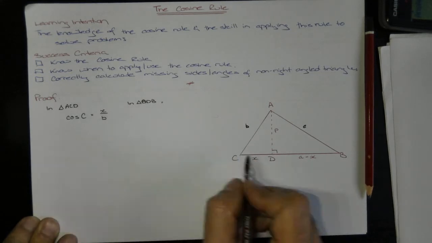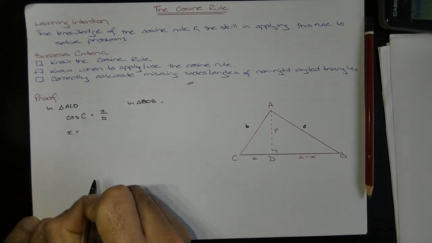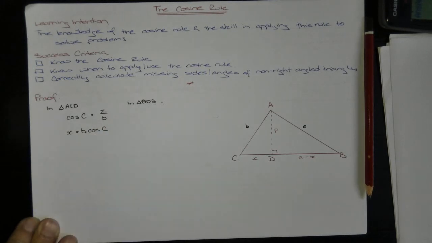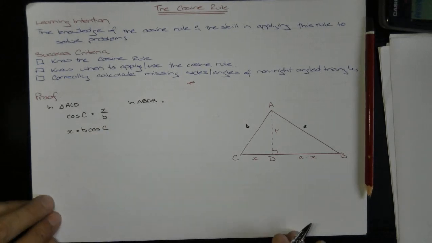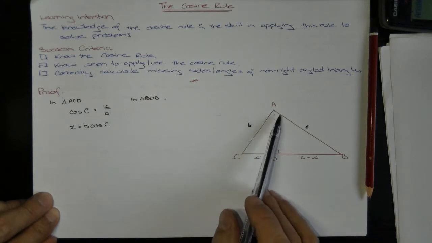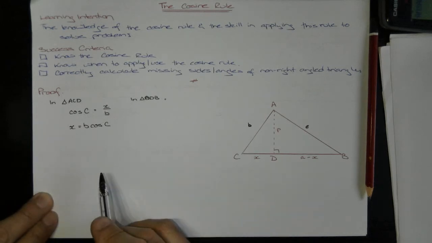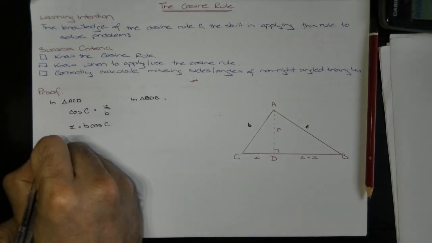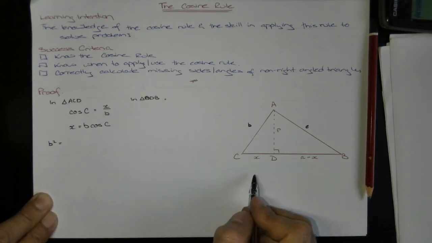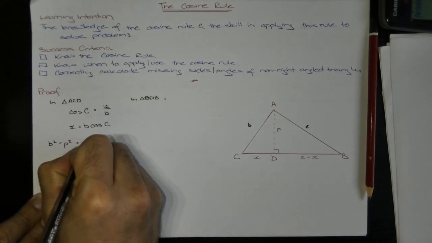Let's change that to make x the subject. So x is actually b cos C. Now, looking at this triangle ACD and using Pythagoras' theorem, remember that b squared equals the sum of the other two sides squared. So that equals p squared plus x squared.